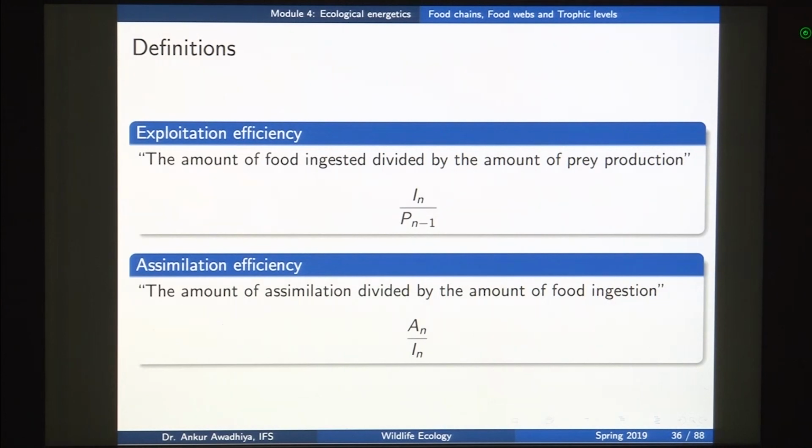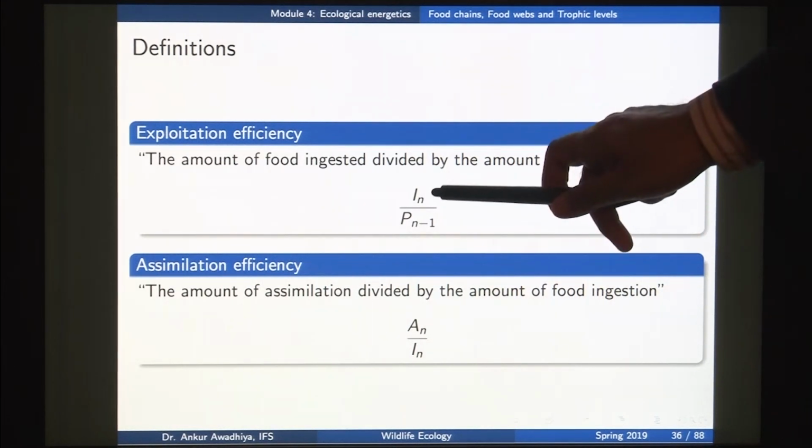So, the amount of food that is ingested, that is 100 kg, divided by the amount of food that is being produced in the prey, that is 10,000 kg, will give us a certain efficiency which goes by the name of exploitation efficiency.